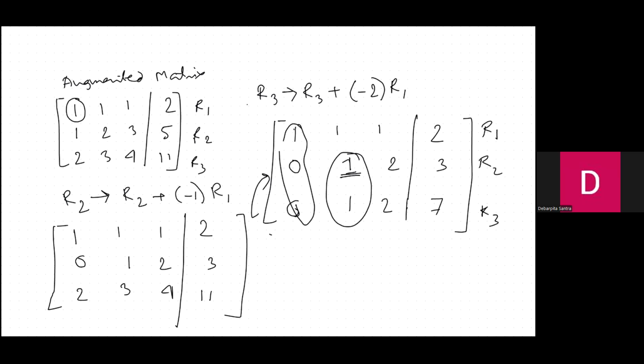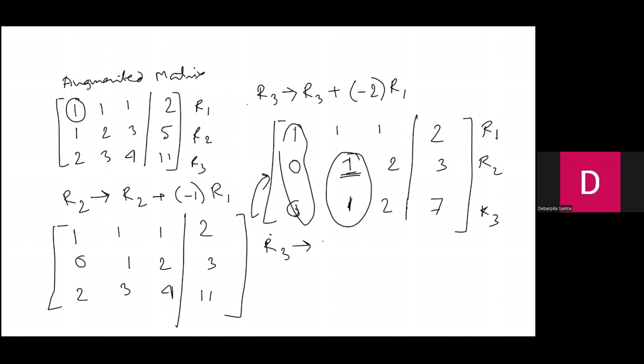Now, for making the last value at column 2 zero, what operation do we have to do? We have to do the operation R3 is equal to, now do not concentrate on column 1.